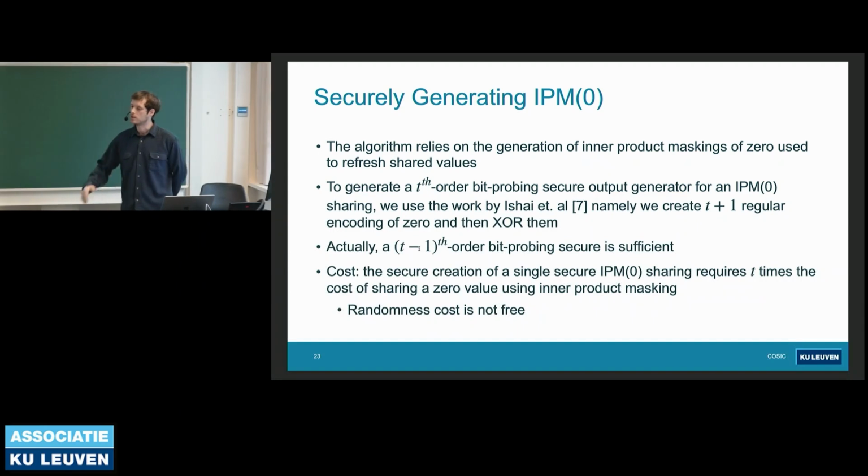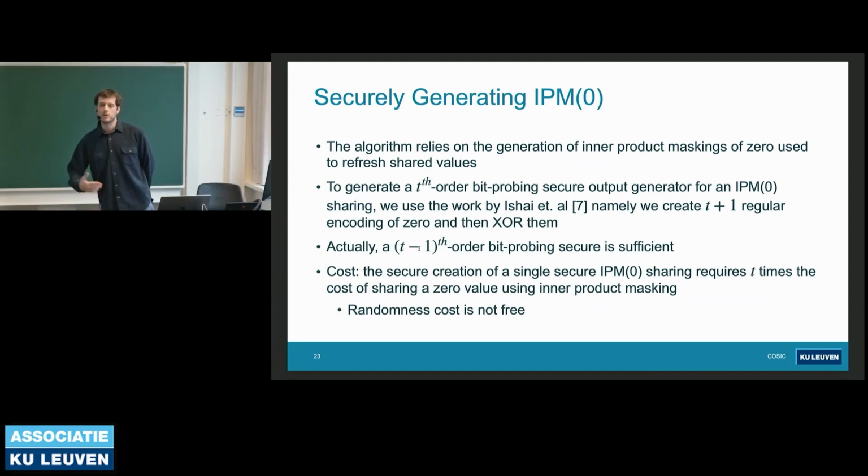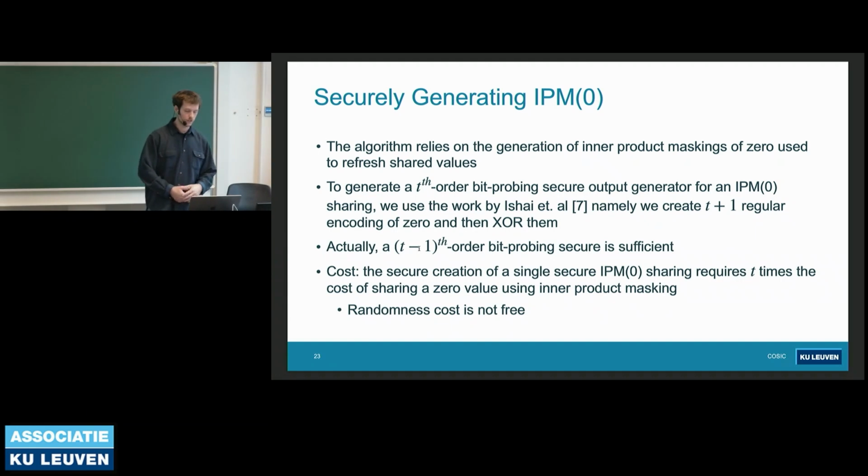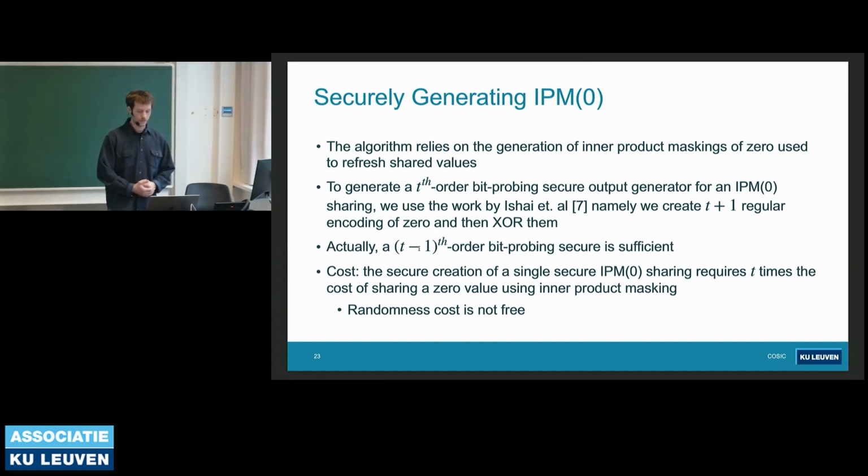But what this means is that now the randomness cost is not free. With Boolean masking, you can just pick the randomness generated and use it directly. Now, because we operate on the randomness before we use it, we have to take into account this cost. And this is an overhead. This is quite annoying for this algorithm. It's some kind of bottleneck. Because to make one of those secure gadgets, you have to pay t times this cost.